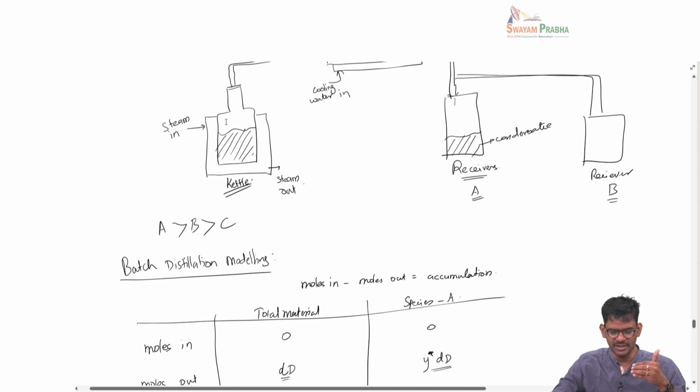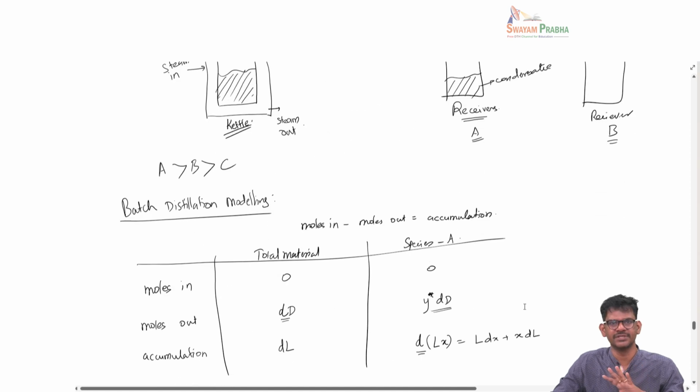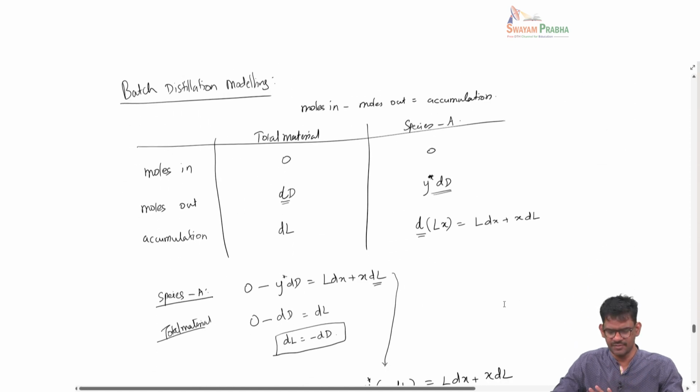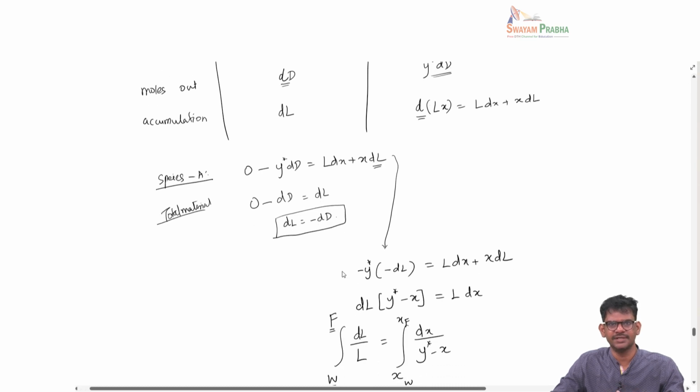So if you were to put a thermometer here as the batch distillation happens, you will see the temperature keeps increasing. The vapor, as it is formed, is taken away to the condenser, and you can collect it as liquid. This is from an operation point of view, and we can set up a very simple mole balance approach and relate the quantities that are involved.